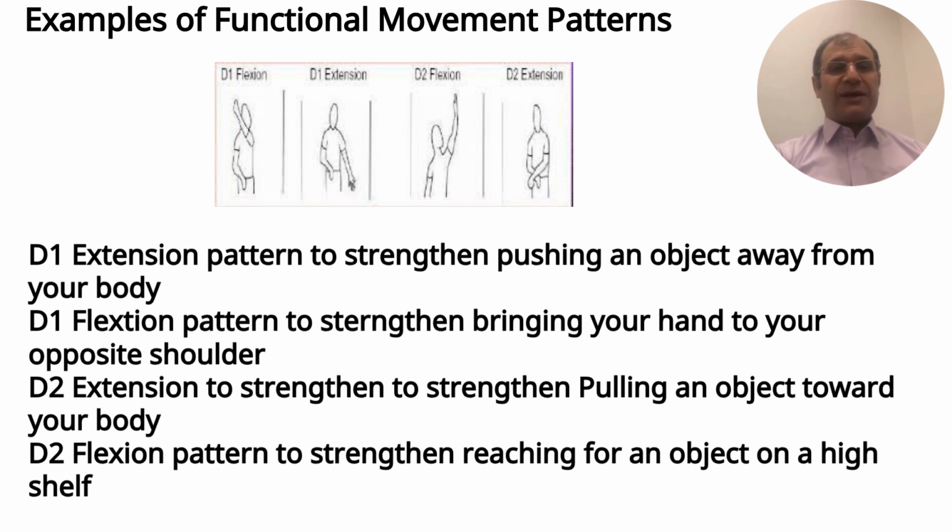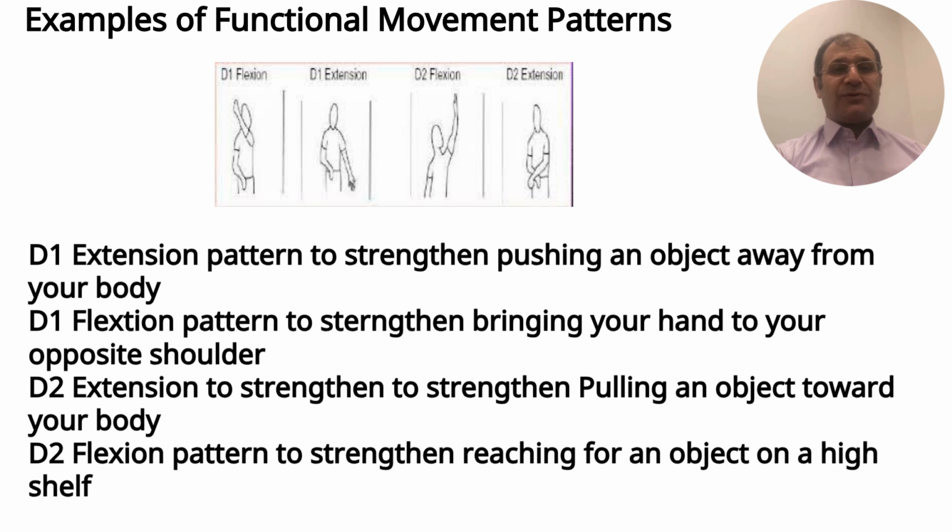To strengthen pulling an object toward the body, D2 extension pattern is used, which combines shoulder extension, adduction, and internal rotation with elbow extension. To strengthen reaching for an object on a high shelf, D2 flexion pattern is used, which combines shoulder flexion, abduction, and external rotation with elbow flexion.